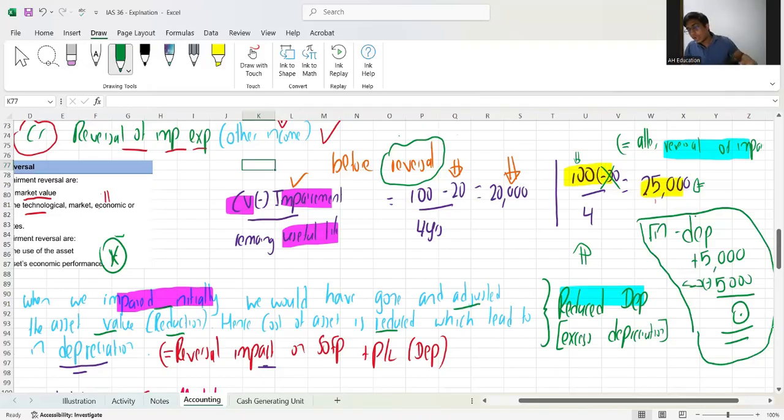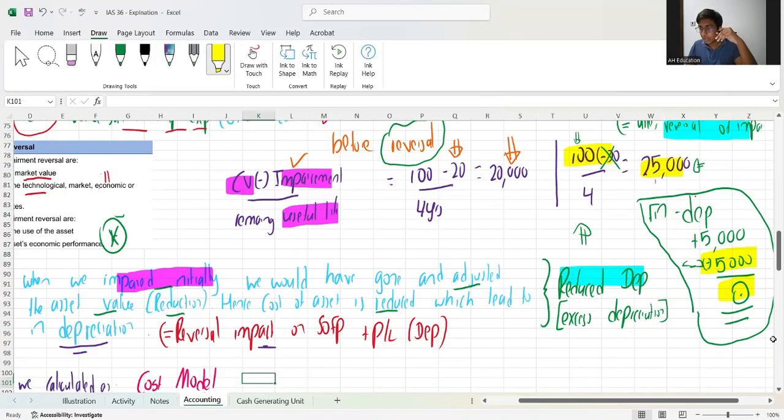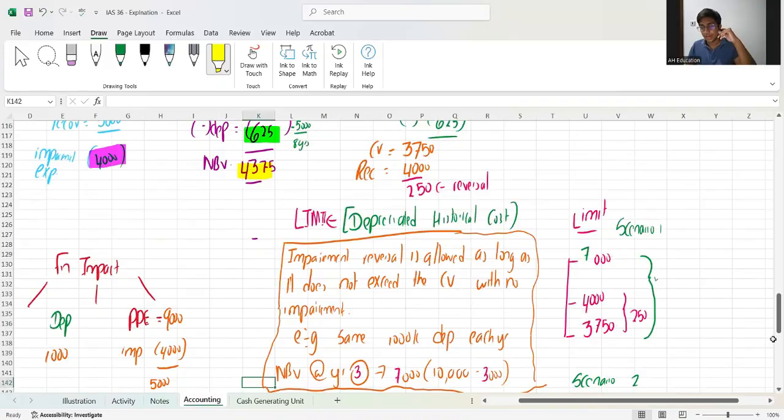Whatever you saved earlier because of the impairment in terms of depreciation would be charged now. So plus 5,000, which was saved, minus the increase in your depreciation expense would give you a zero impact. Okay. Think properly, think slowly in your mind, or do the mathematical calculation from this perspective, and you will be able to understand it even further.